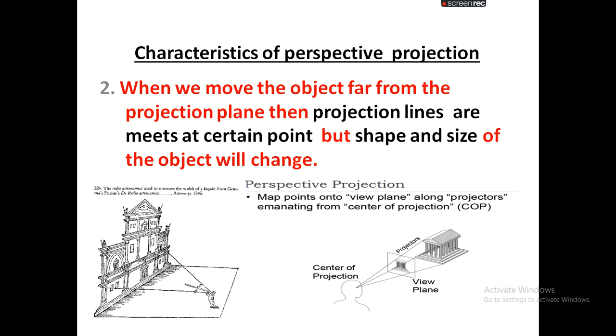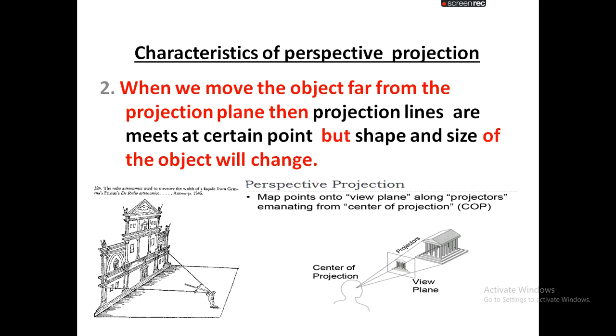This is the property of our eyes. God has created our eyes in such a way that they obey the property of perspective projection. When an object is nearest to our eyes, its size looks larger. When I move that object away from our eyes, its size goes on decreasing.